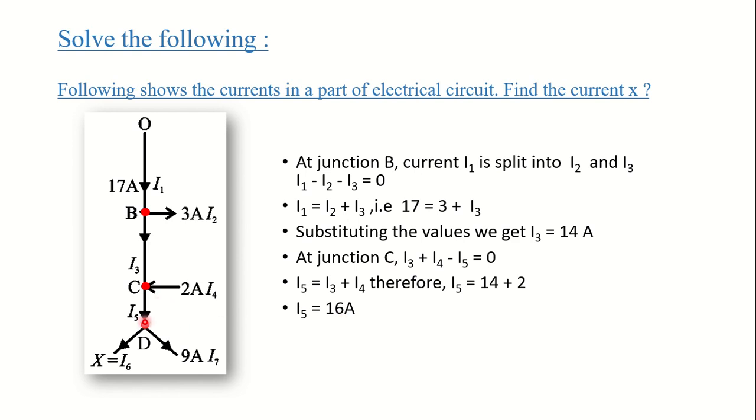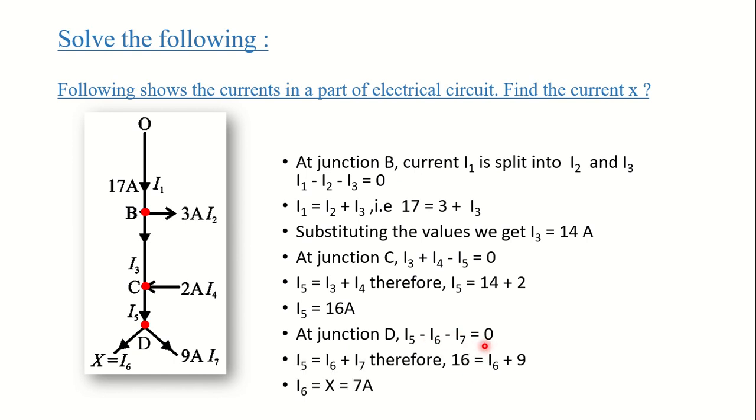Now we will proceed towards the next junction, that is junction D. Now note junction D. What is the current coming in? That is I5. So I5 has to be positive and I6 and I7 are leaving. We are supposed to find out what is I6. At junction D, we write the equation I5 minus I6 minus I7 is equal to 0.